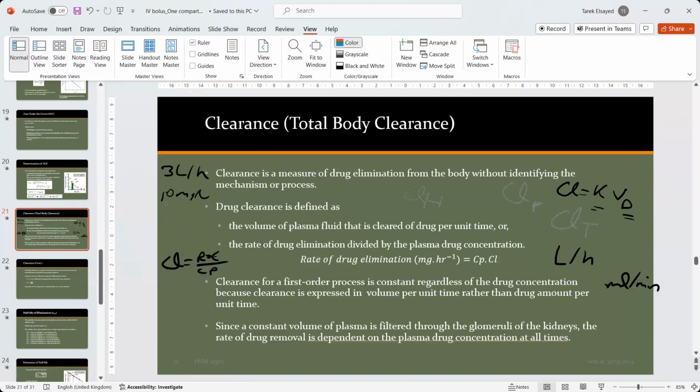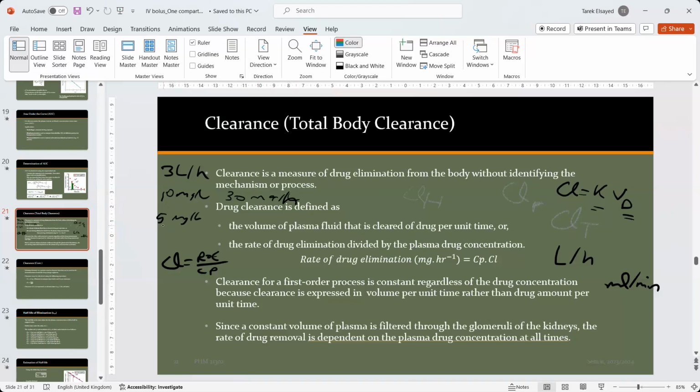So the rate of elimination in the first hour is 30 milligram per hour. When you lose, at the beginning, 3 liters per hour, so 30 milligram per hour will be lost. So at the beginning, the rate is 30 milligram per hour.